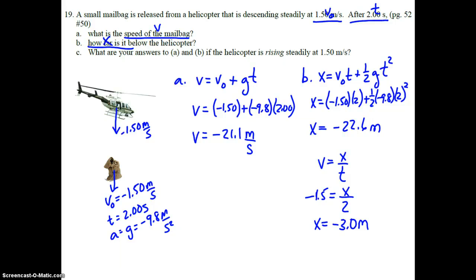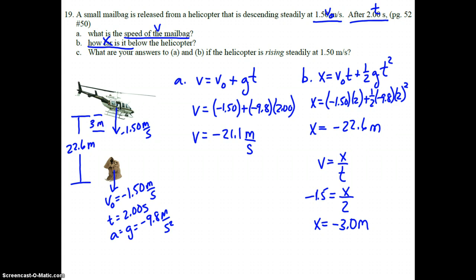So our bag, from the point of its drop, and we'll draw that from the helicopter, our bag has fallen 22.6 meters. Meanwhile, the helicopter has descended 3 meters.